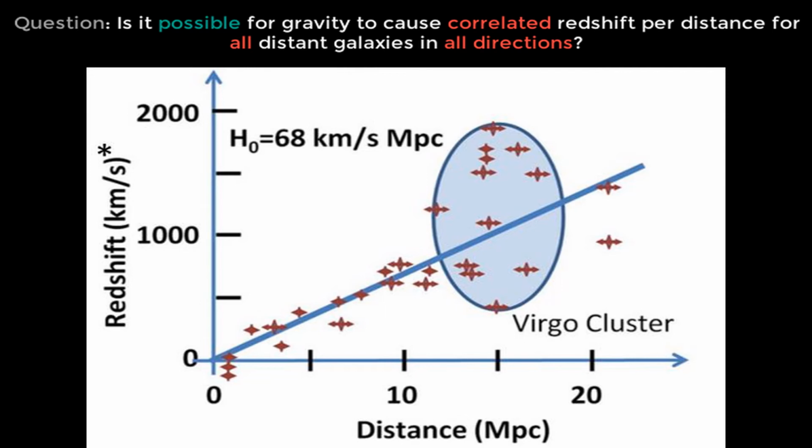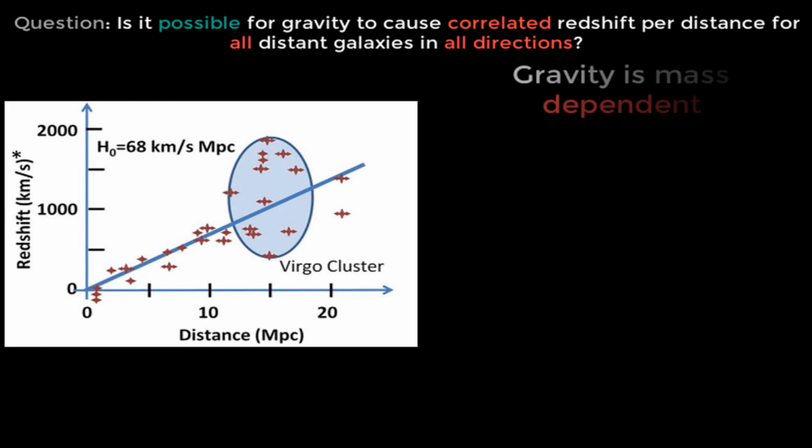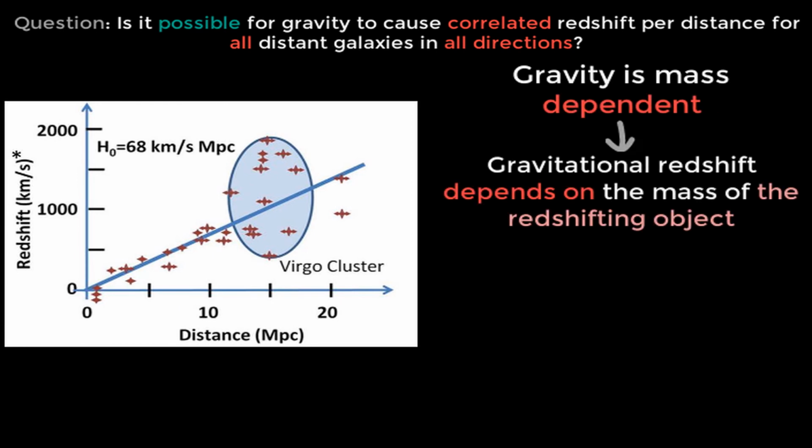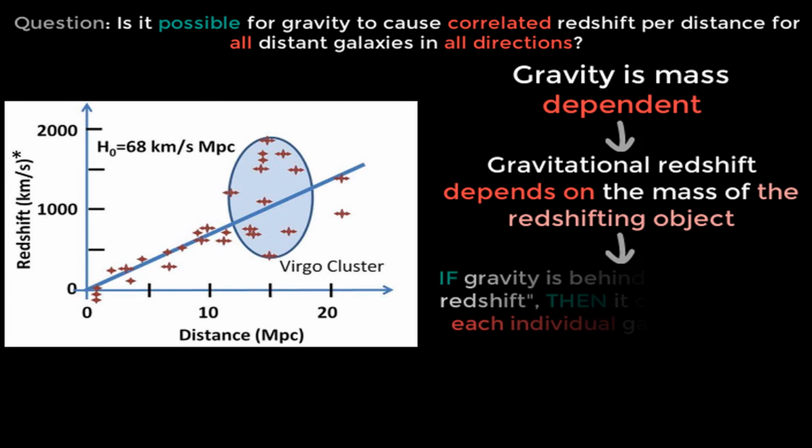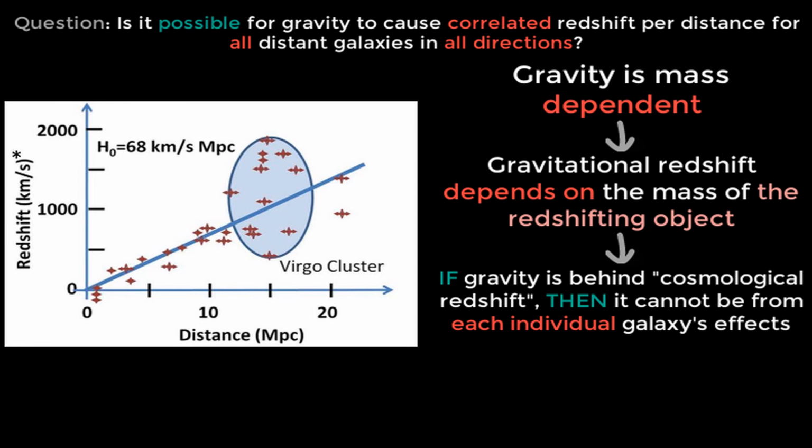Gravity itself is mass dependent. This means that gravitational redshift depends on the mass of the redshifting object. This then means that if gravity is behind cosmological redshift, then it cannot be from each individual galaxy's effects, as each galaxy has a different mass and would thus produce a differing redshift per distance and thus not result in a correlation.